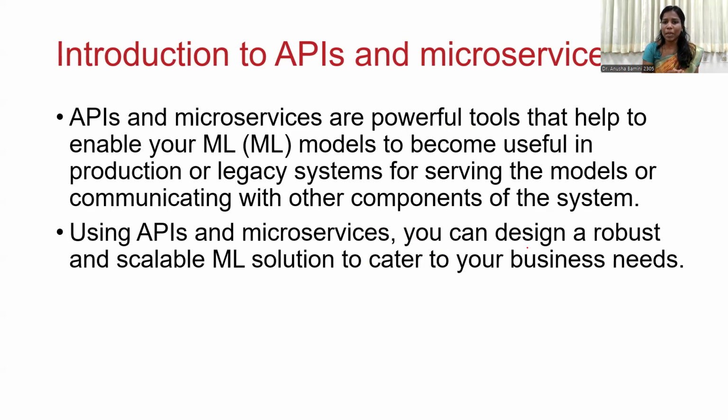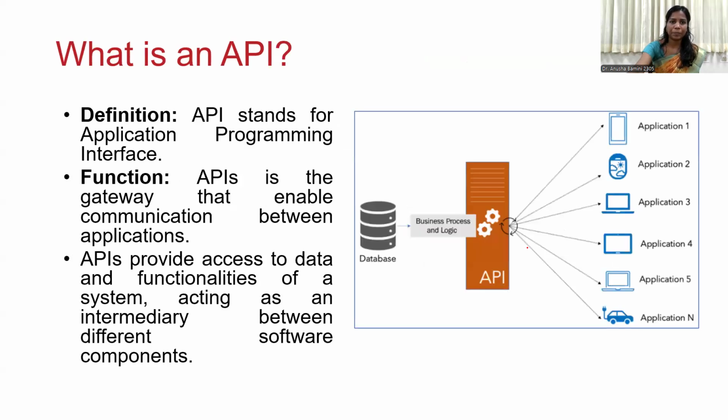Using API and microservices, we can design robust and scalable machine learning services for business needs. With the support of API and microservices only, we can design a scalable and robust system. So API and microservices are mandatory in the deployment area.